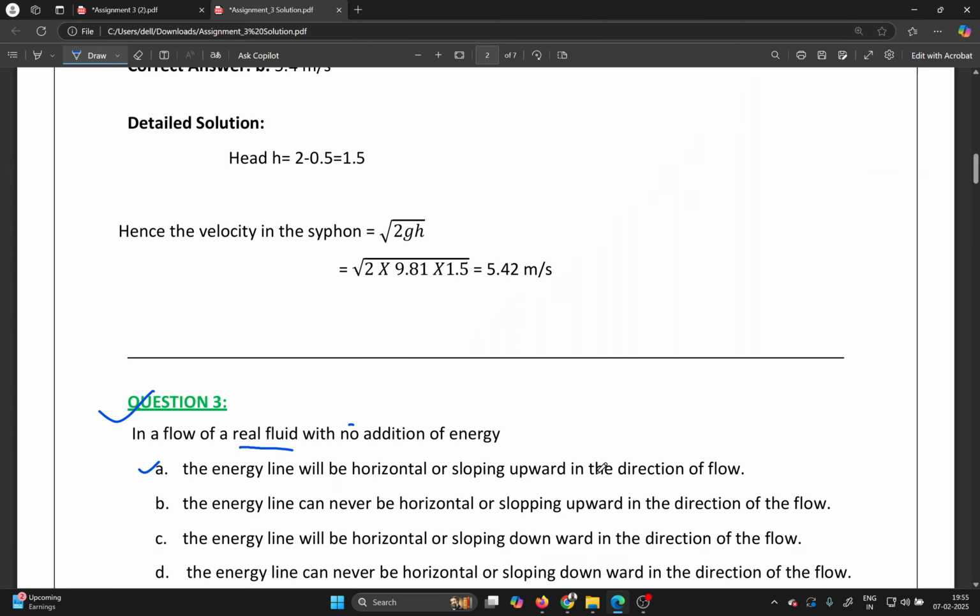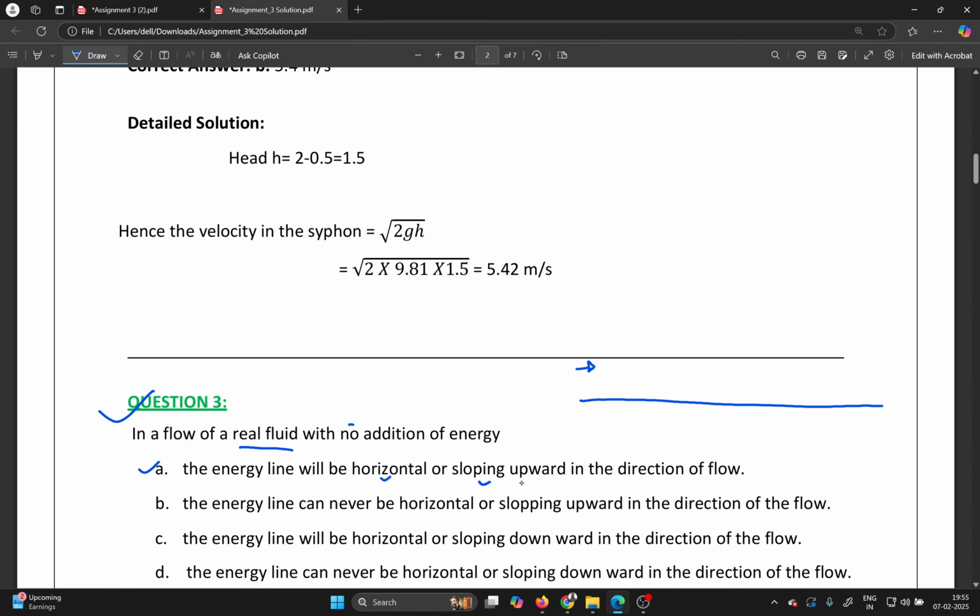So here we are talking about a flow of real fluid with no additional energy. Let us suppose the flow is moving in this direction. Where will the energy line be?